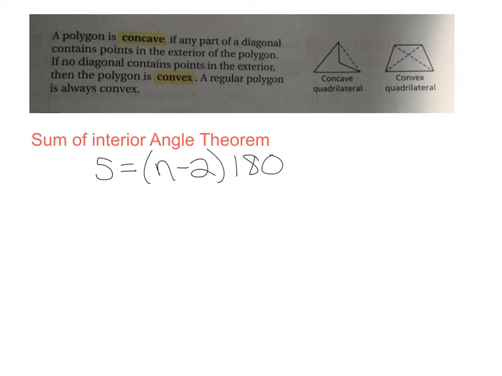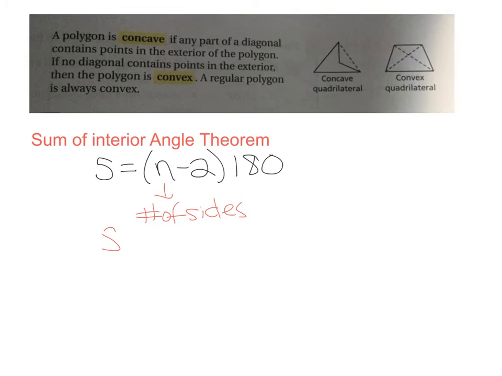So sum of interior angle theorem says that the sum of the interior angles of a polygon, the S, is equal to n, which stands for number of sides, minus 2 times 180. So for instance, if we have a triangle, we would have 3 sides.